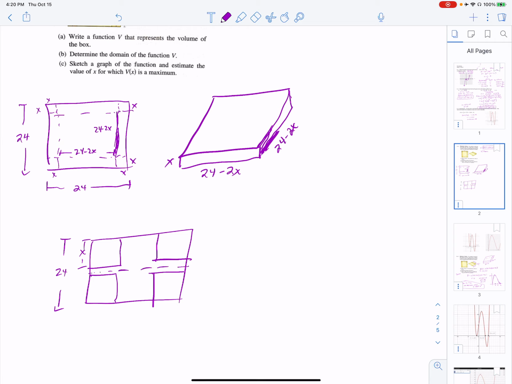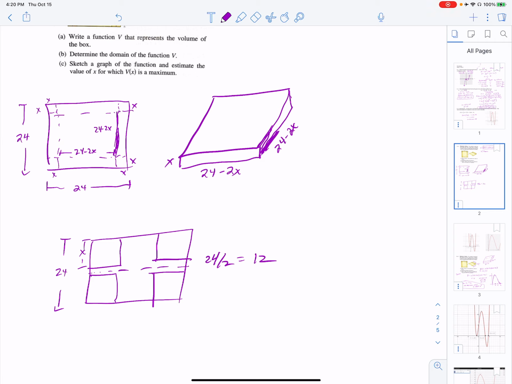And you can't cut more than half of that length or width without cutting into the other spot. You can only get half of 24. If you made x 12, you would end up cutting the piece of paper in half, or the cardboard in half, and that won't work at all.